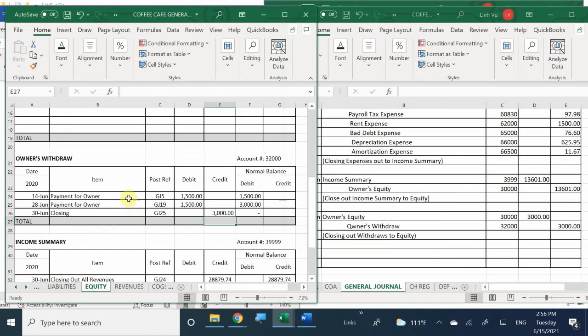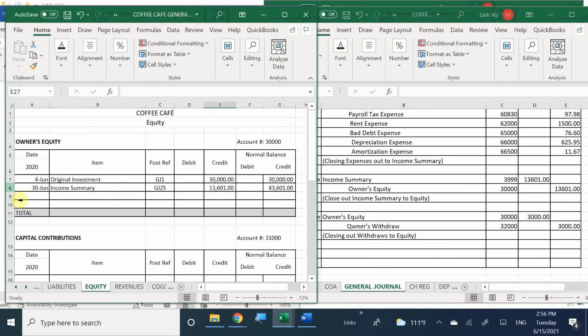Now all I have left is to come up here and add my owner's withdrawal, debiting it for $3,000.